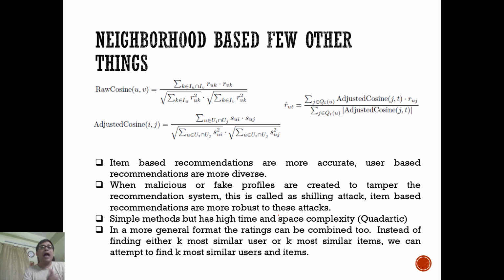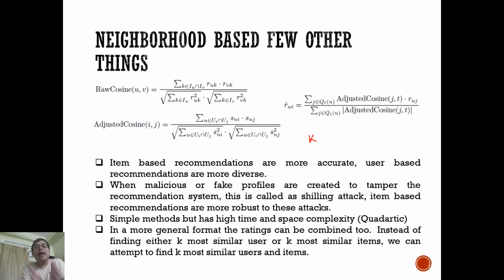Okay, and another question that can come to your mind is, can we not combine user based and item based? Yes, of course we can. We are not looking at all users, but we are trying to find k similar users, or k similar items. Instead of using k similar users and k similar items separately, we can generalize it and say k most similar users or items.